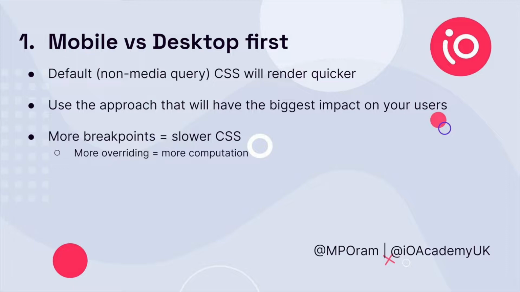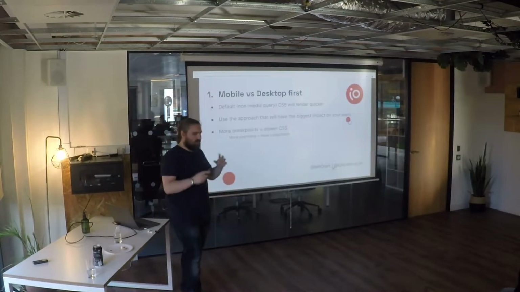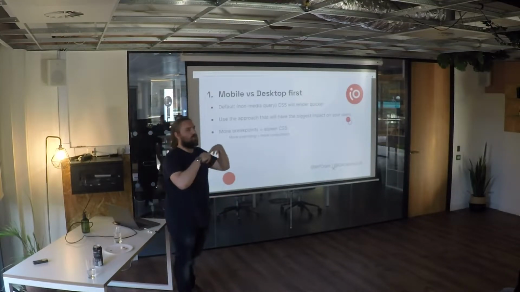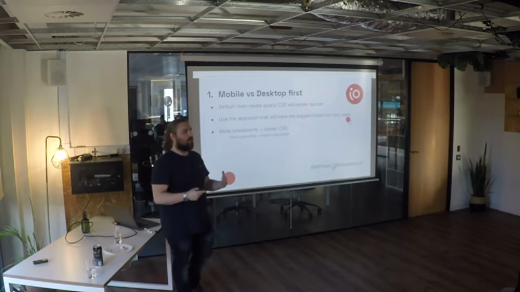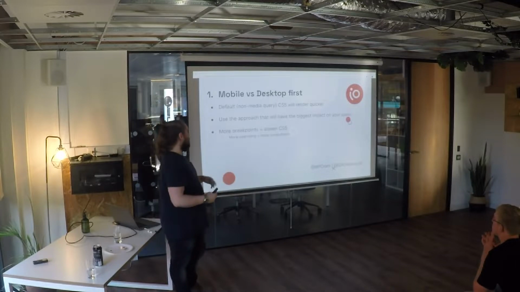Okay, so number one, mobile versus desktop first CSS. The default CSS that applies when you load your page that's not inside a media query will always render first, right? Because it's going to render that CSS and then apply the media queries over the top if they're applicable.